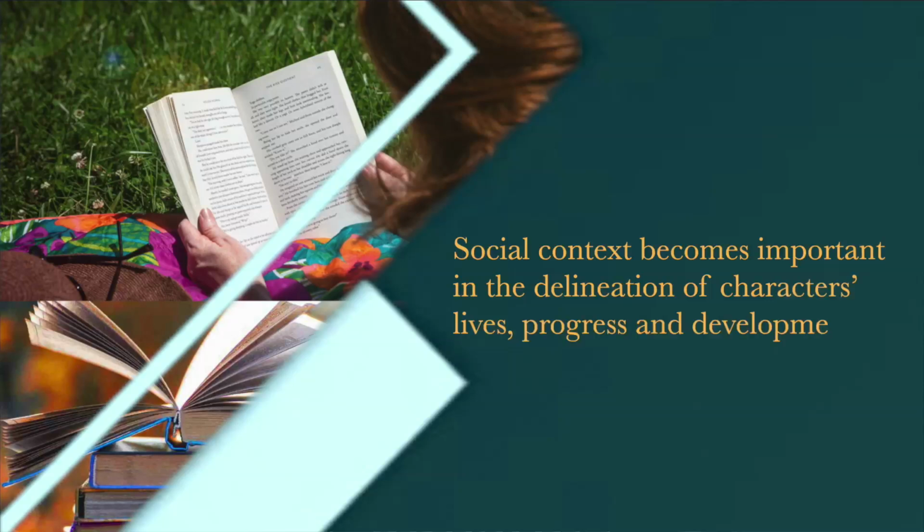How does the character behave? How does the character function? What is the nature of the knowledge? These are things that can be connected to that world, that society. And so usually when we talk of identity and self-discovery, we look at that in terms of society. Social context becomes important in the delineation of characters' lives, progress, and development.